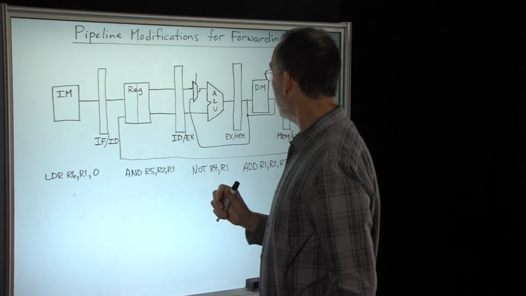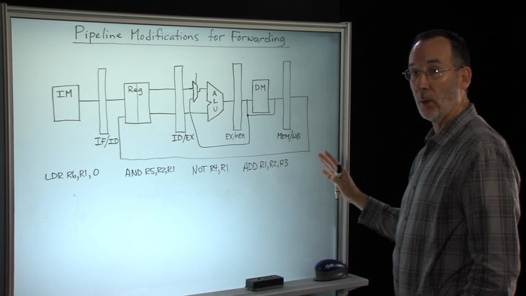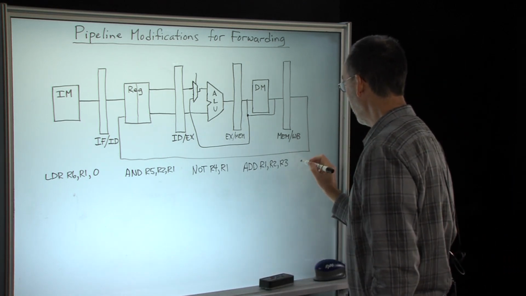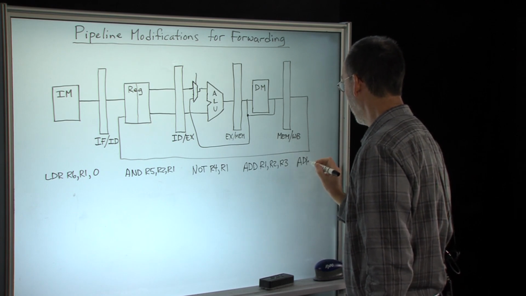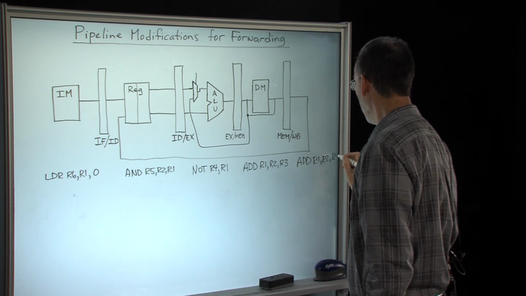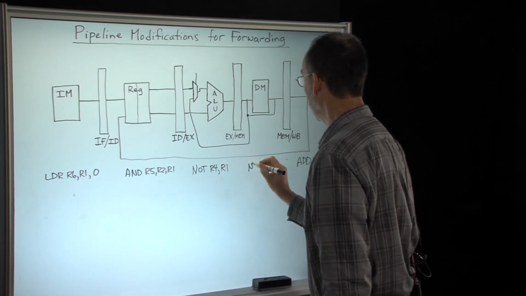Okay, now let's see what happens when we advance one cycle forward. Okay, let's move this one cycle forward. So I'm just going to draw these like this. Add R1, R2, R3 is now moved into write back. The NOT is here.